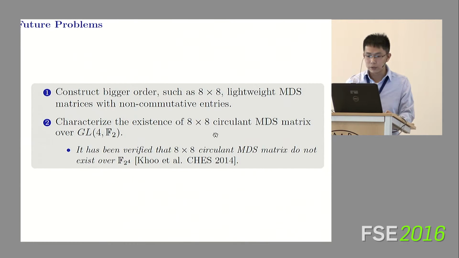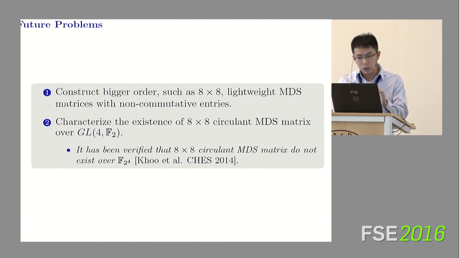Then it would be interesting to characterize the existence of an 8 times 8 circulant MDS matrix whose entries are chosen from the space of 4 times 4 non-singular matrices over the finite field F2.